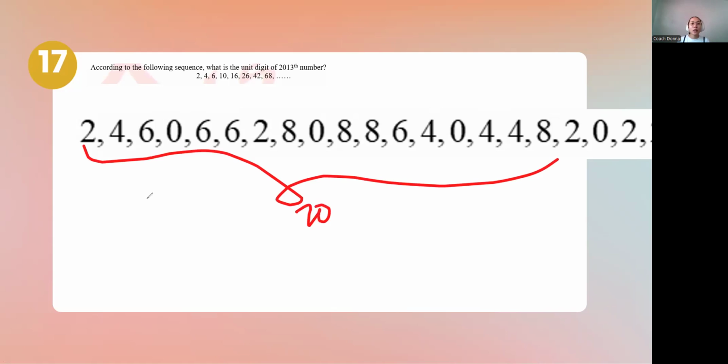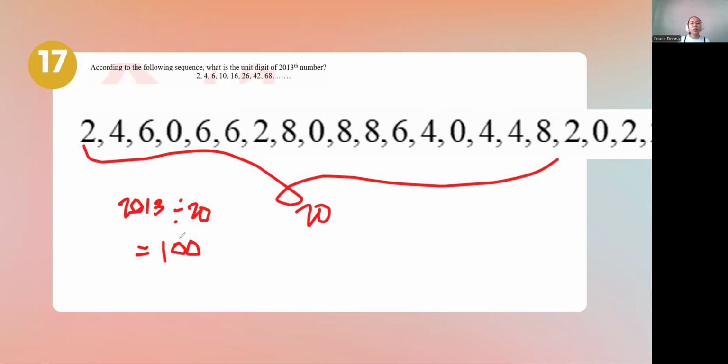So the 2013, divide it by 20. We will have a number that's equal to 100. 20 times 100, 2,000, right? So 100 remainder 13, because it's 2013.